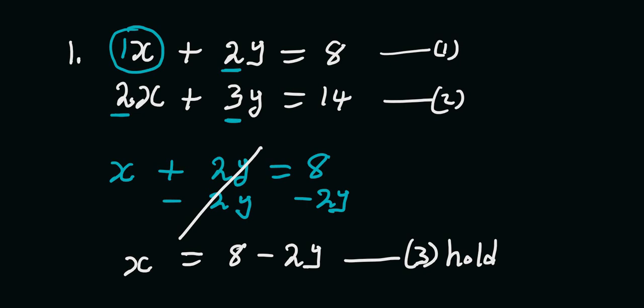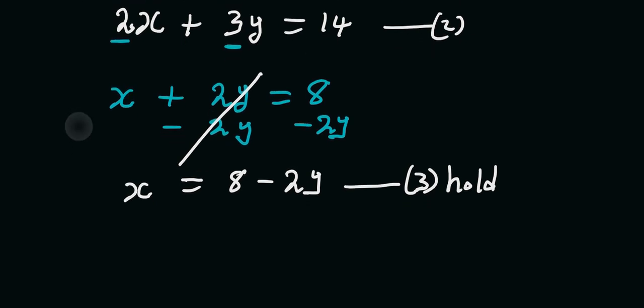So now let's continue with equation 2. Equation 2, we have 2x plus 3y equals 14.